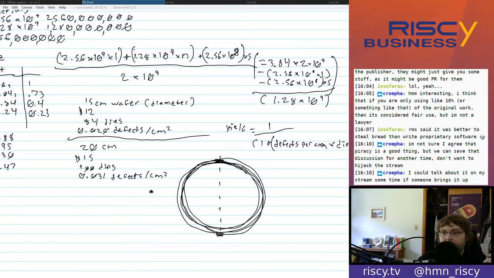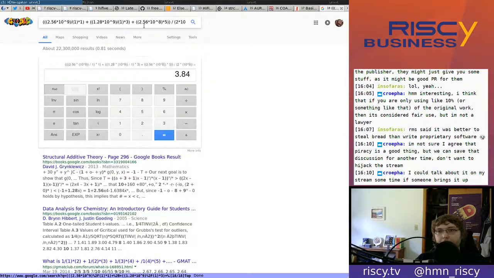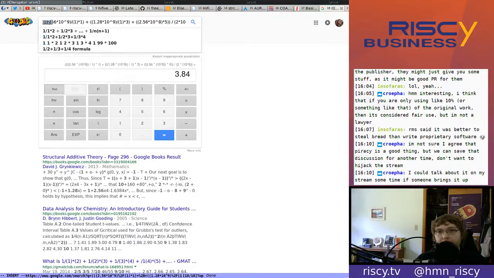So first of all, I guess we should figure out the total area of the wafer. How do you get area from diameter? Isn't it like pi r squared or something?